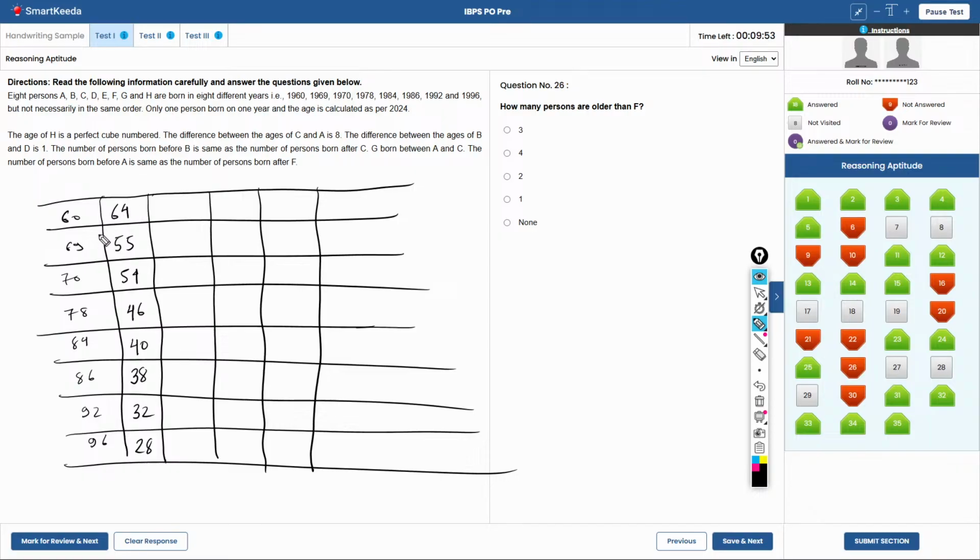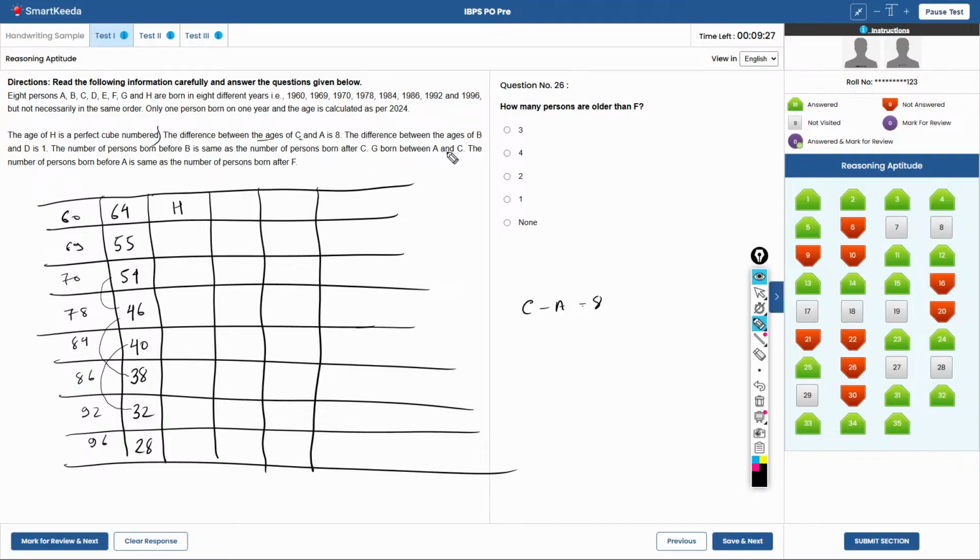So 27 is not here, so can only be this 4 cube number. The difference between C and A is 8. C minus A is 8. Where is 8 gap? Not here. Okay, here is 8 gap, and here is 8 gap, and I think nowhere else. Okay, here is also a 8 gap.